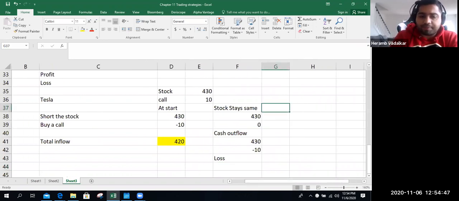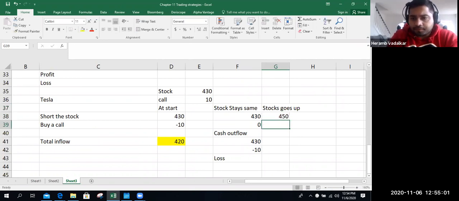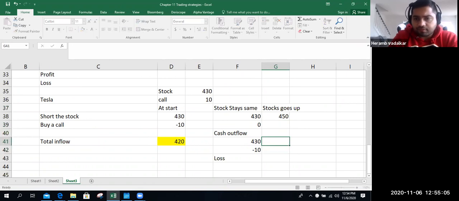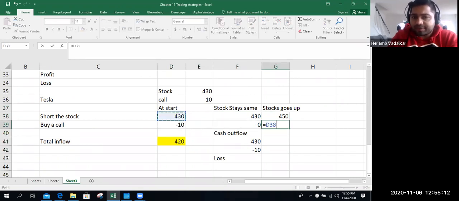Now let's see what happens if the stock goes up. Let's say the stock goes to 450. Okay. This option will be profitable now. The profit from the call option will be stock price minus strike price, $20 profit.